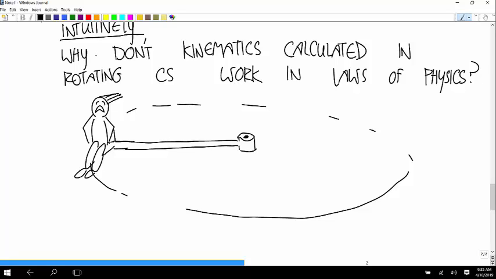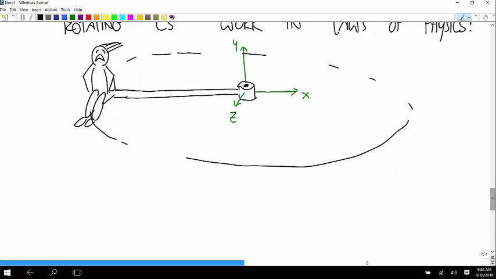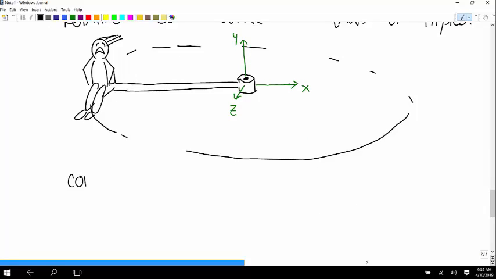And let's think about two coordinate systems. They're both at this instant that I have drawn here. They're both oriented like this, okay? But we're going to consider two coordinate systems.